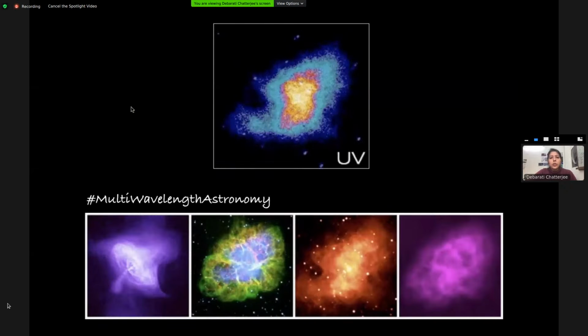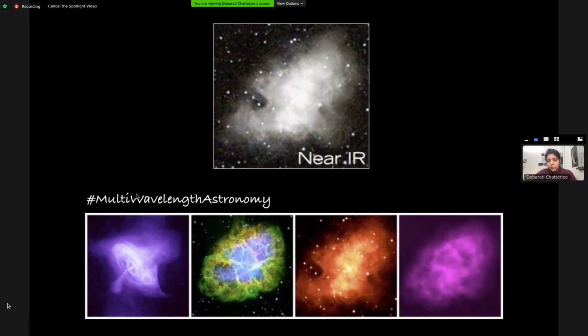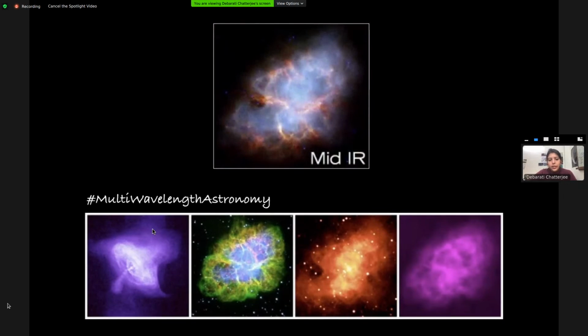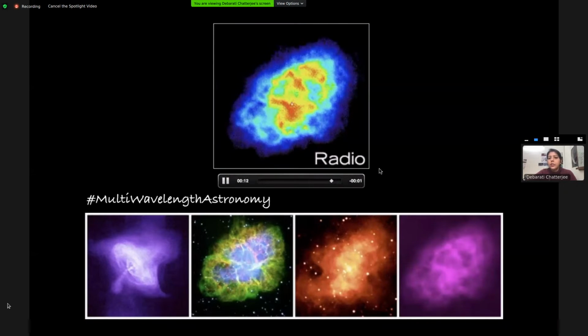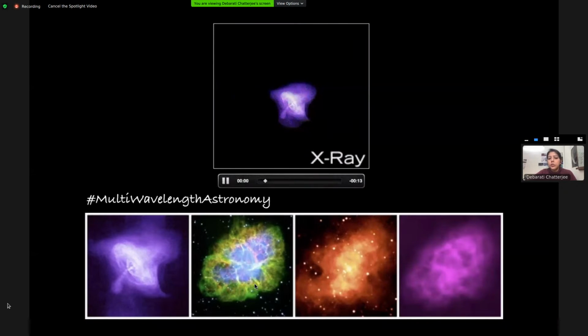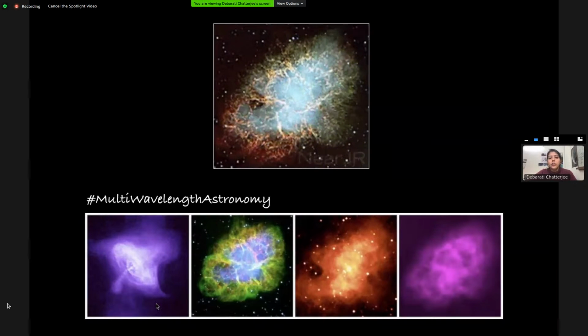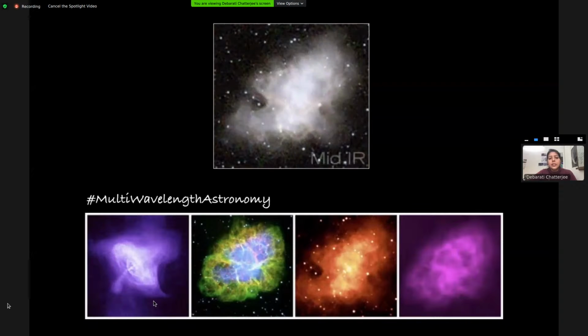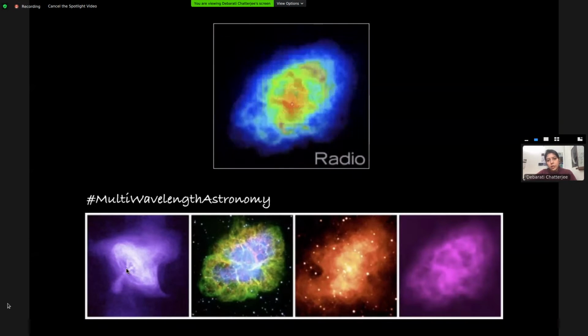Just to give you an example, this is a very well observed nebula called the Crab Nebula. You can see the same nebula at different frequencies. In radio frequencies, you just saw that the features are not very clear. However, at X-ray frequencies, we can see the inner compact object, the pulsar inside the nebula.